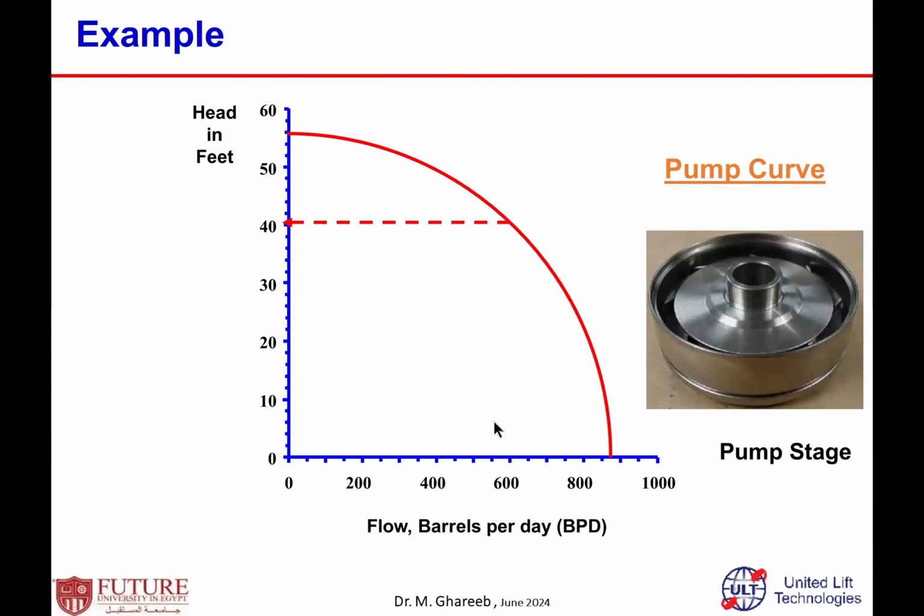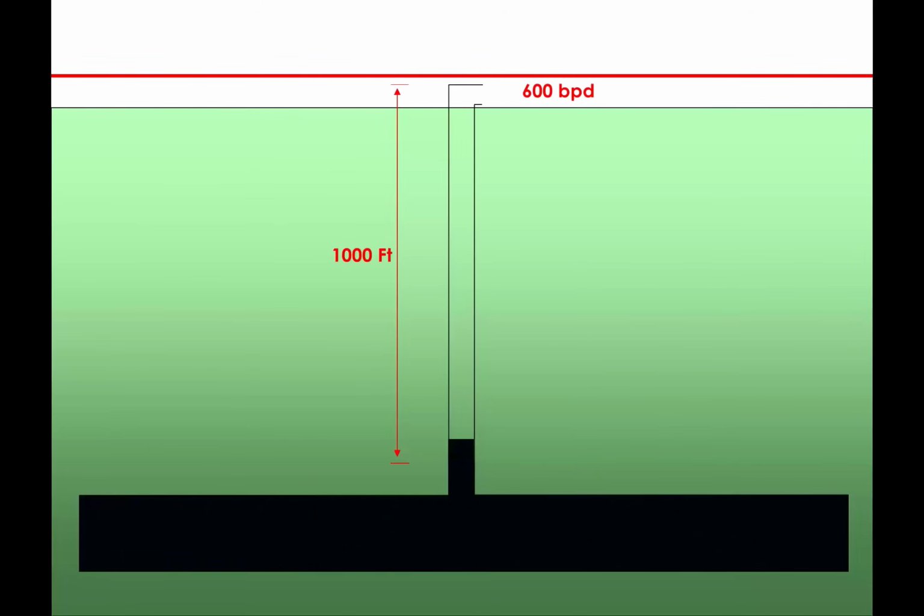At 600 barrels per day, one stage from this certain type of pump is able to lift around 40 feet. Then in order to lift fluid to 1,000 feet, how many stages do I need? I divide by 40, because each stage generates 40 feet.